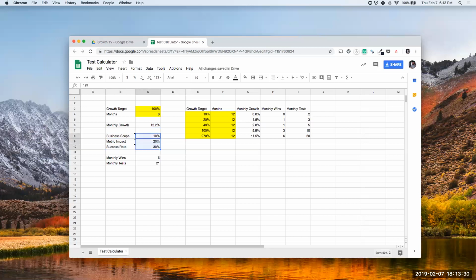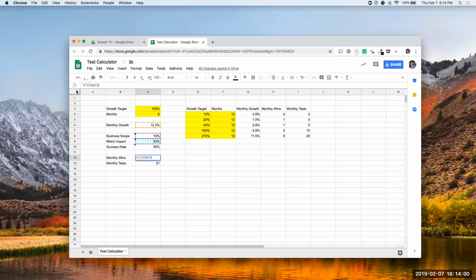Once you plug these numbers in, you can work out, first of all, how many wins you need, right? In order to get your growth, you need to have a metric impact on a big enough business scope. So the calculation here is the metric impact, so 20%, divided by the business scope, divided by the monthly growth, right?